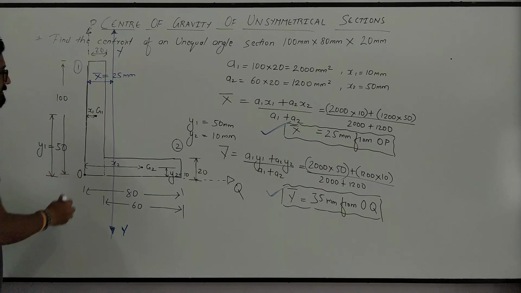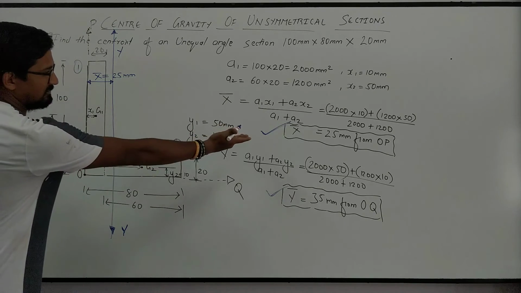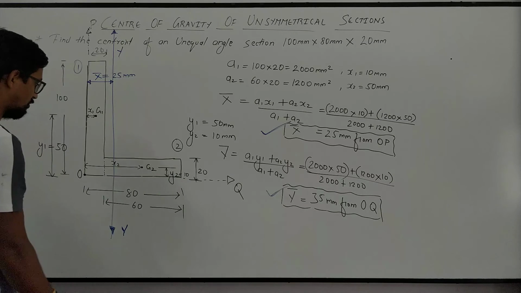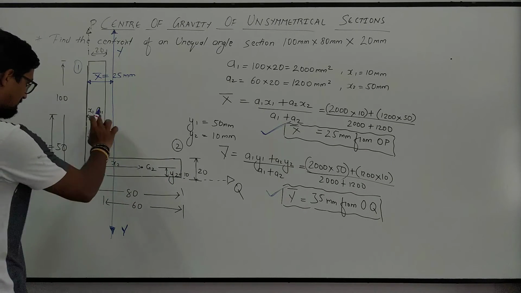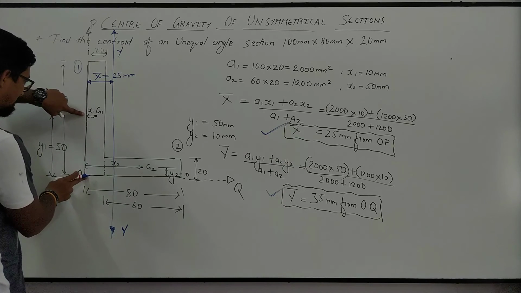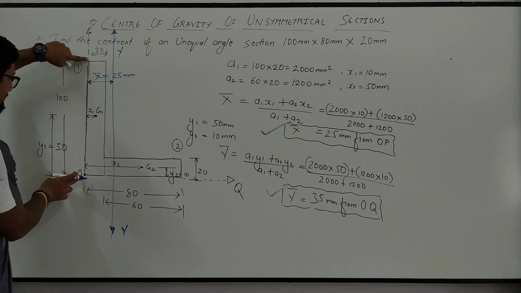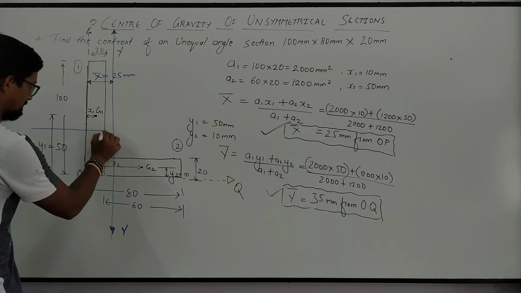Now y bar is equal to 35 mm from OQ. So this is 20, 35 mm from here to here it is 50, correct? O to this point it is 50 because it is 100, 50. So it will be somewhere from here.